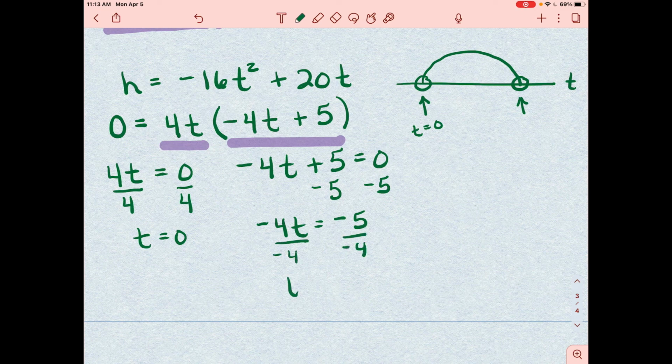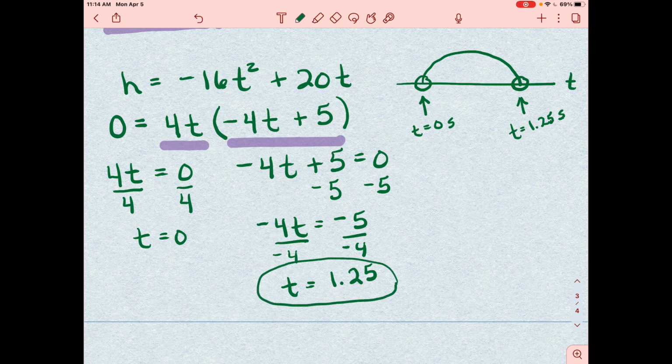That's okay. t equals 5/4. And 5/4 is actually the same as 1.25. Since we're talking about time, we'll go ahead and make it into a decimal. At 1.25 seconds, she landed back on the ground. All right. Cool and interesting, we have found 2 times where h, our height, equals 0.